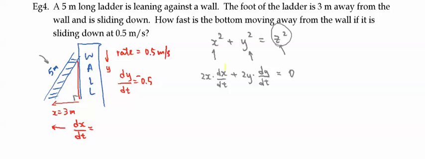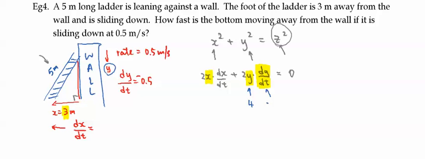So now, as we know the length of the base, as we know the height by calculating the height at this time, when x equals 3 and the hypotenuse equals 5, we can figure out the height of this triangle. And then we have dy/dt, negative 0.5.